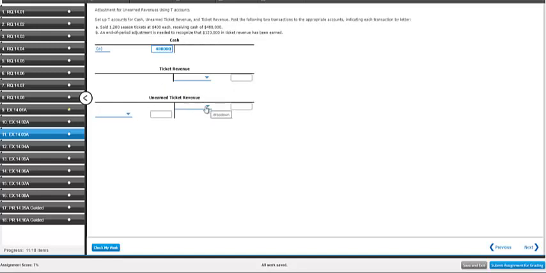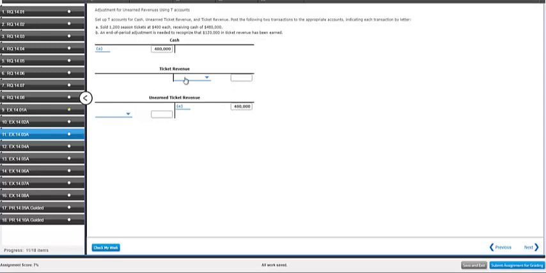revenue. Remember, this is our liability account, and we've sold season tickets. We have not performed these services yet, so it is unearned. So we're going to put the $480,000 over in unearned ticket revenue. Then in B it says an end of period adjustment is needed to recognize that $120,000 in ticket revenue has been earned.